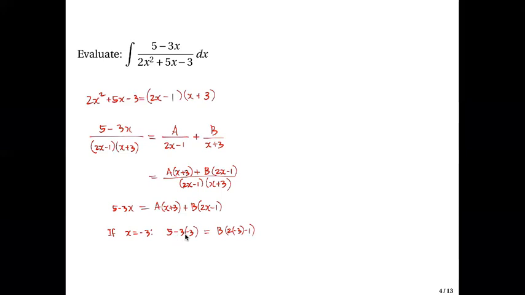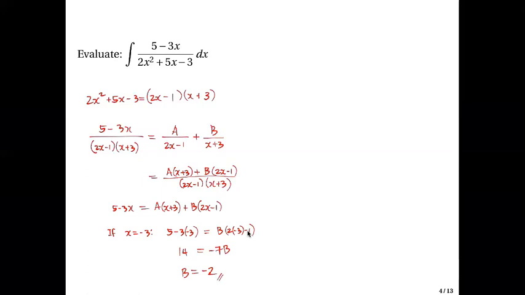Here you have 5 minus 3 times negative 3, so 5 plus 9. So we'll get 14. And then in here you have negative 6 minus 1. That's negative 7. So we have negative 7b, or we have b equals negative 2. Okay?